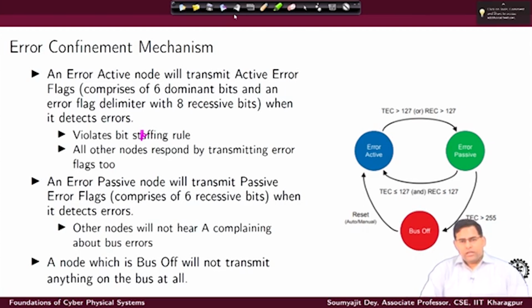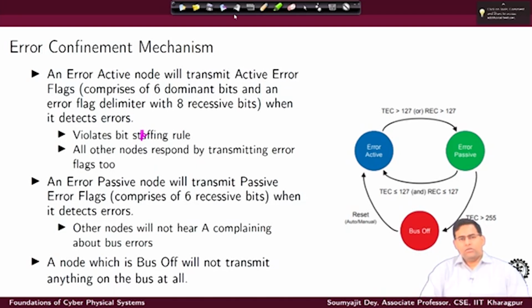Now, as I am repeatedly saying, even in these modes, they just make a distinction in terms of my history of error counts. Is it too high or moderate, right? But in both these modes, I am still able to do my other work. That means I can transmit other messages also.